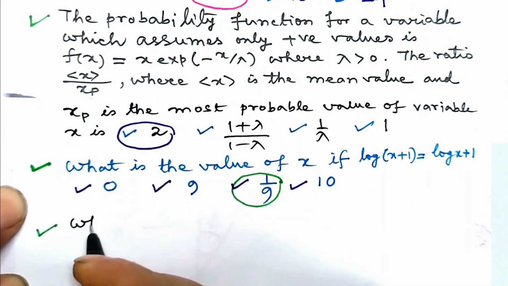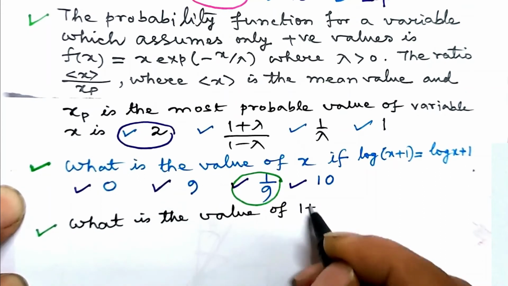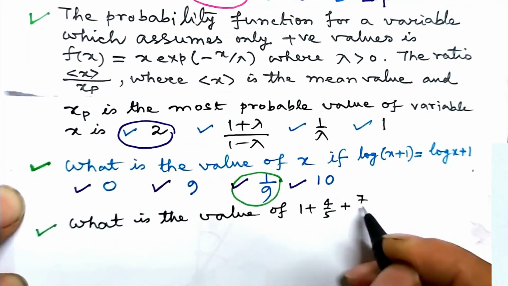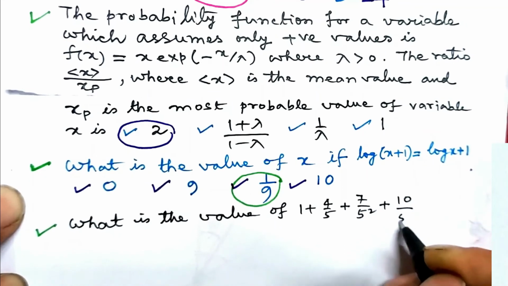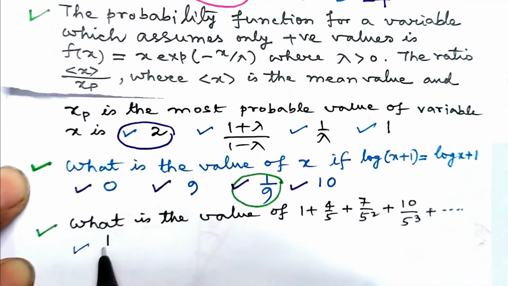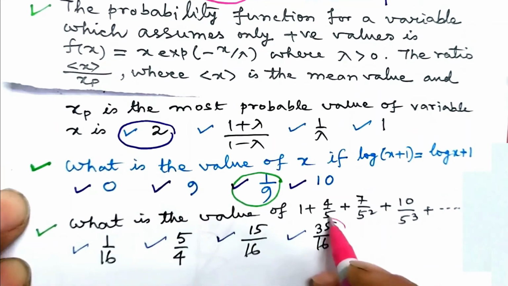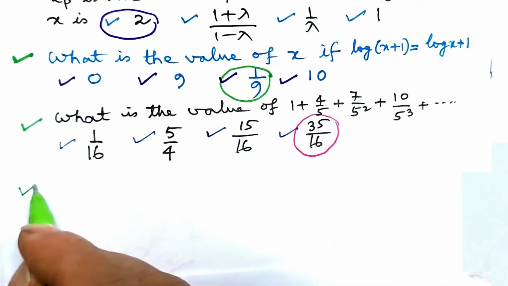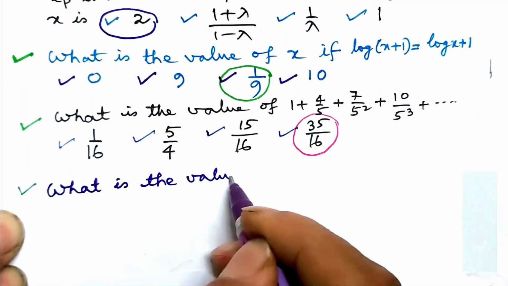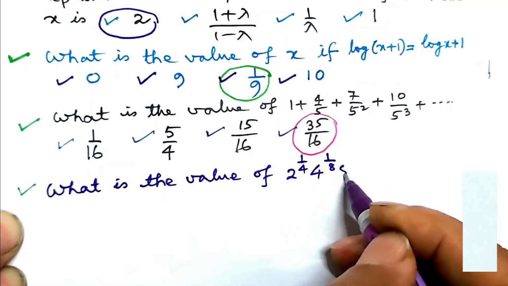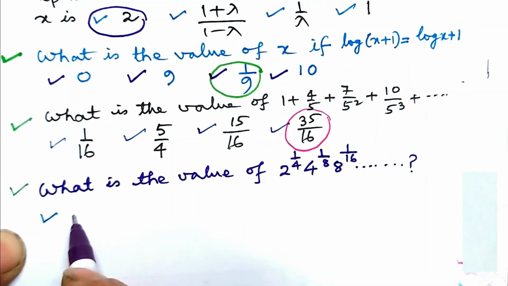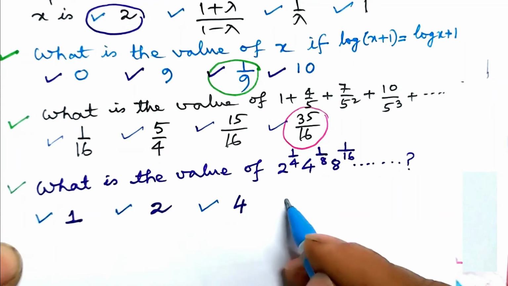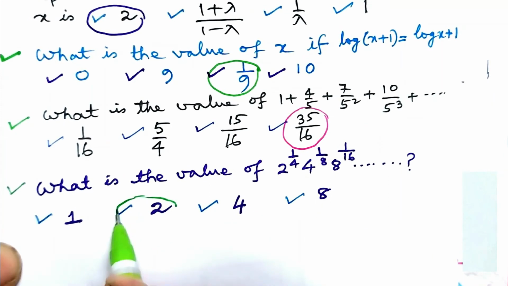Next question. What is the value of 1 plus 4 by 5 plus 7 by 5 square plus 10 by 5 cube plus? The options are, and the answer is. Next question. What is the value of? The options are, and the answer is.